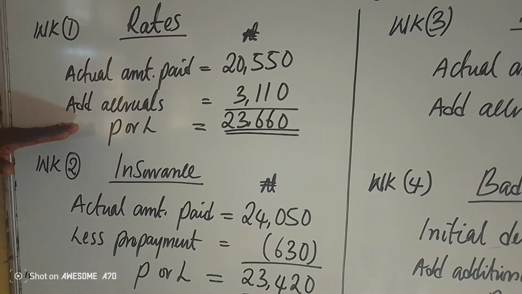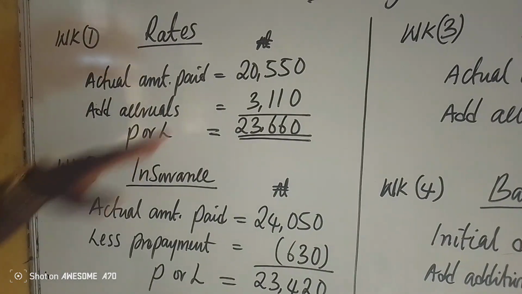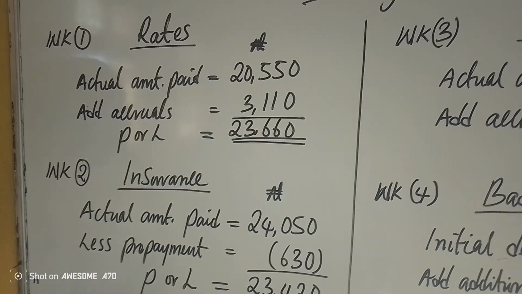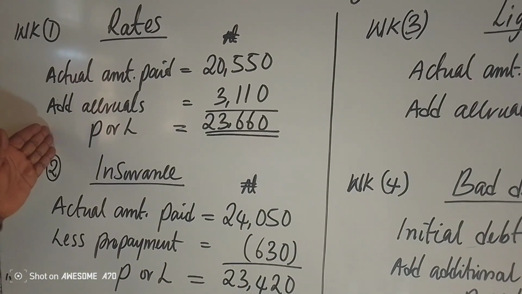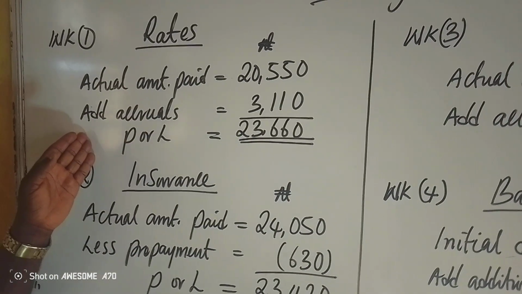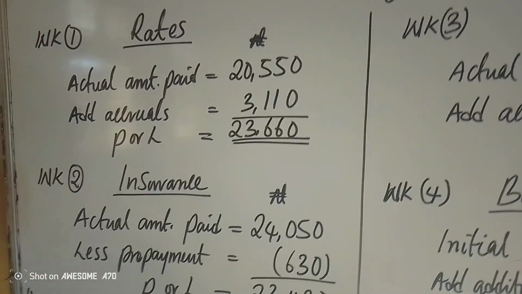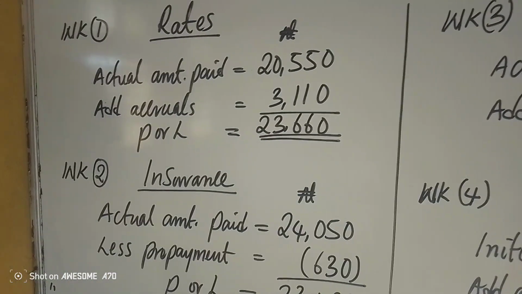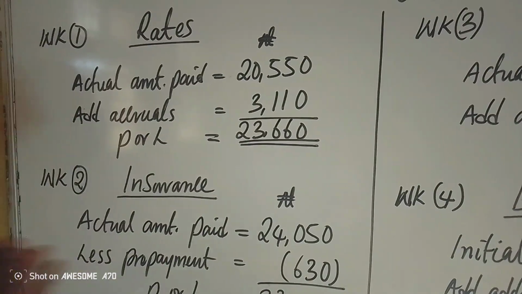Then they come into adjustment. The adjustment is saying that rent is outstanding at the end of the year, worth 3,110 naira. So what do we do? All accruals are added. This is an accrual of the current year. And I told you from the previous adjustments I have taught that all accruals are added, irrespective of what the accrual is. It can be rent, insurance, anything. Provided it's an accrual of the current year, you add it up.